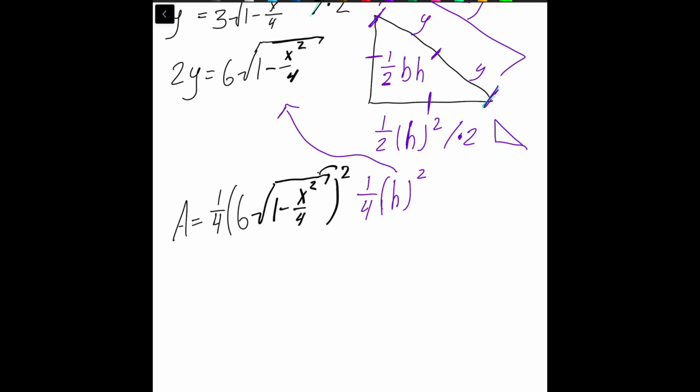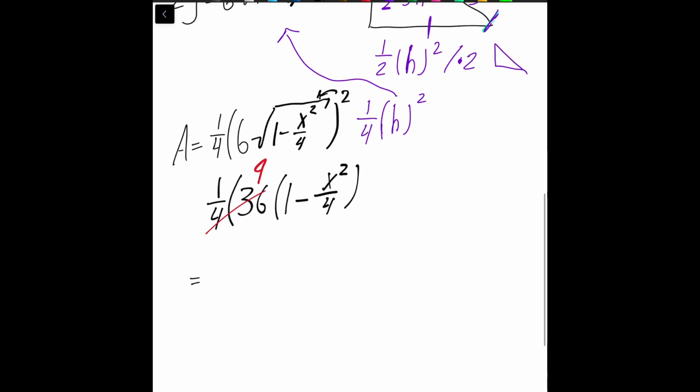I'm going to distribute this square, giving me 1 over 4 times 36 times (1 minus x squared over 4). I can divide these two to give me 9. Means our area is 9 times (1 minus x squared over 4).